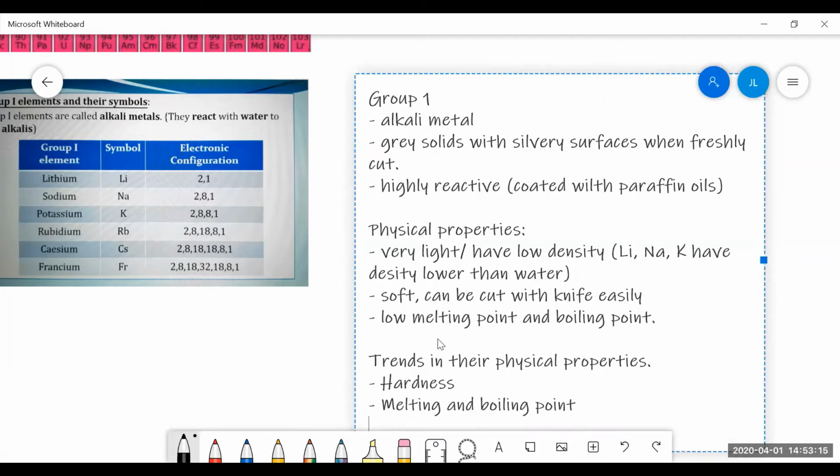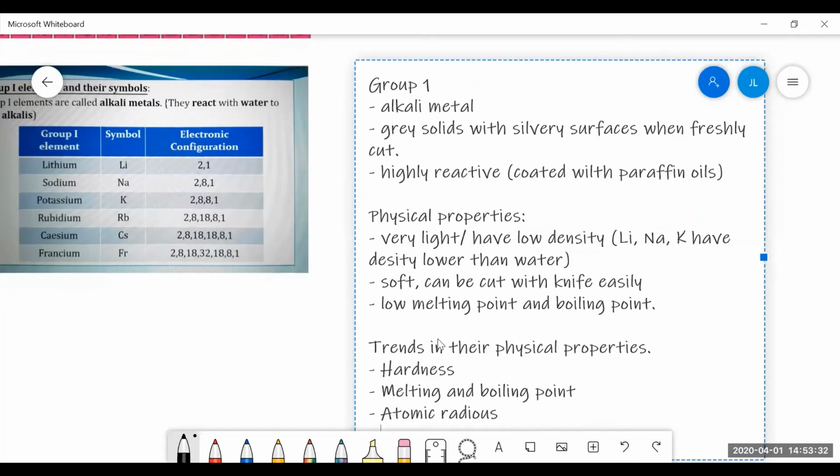We're going to look at atomic radius. We are going to look at electronegativity. We're going to look at density.